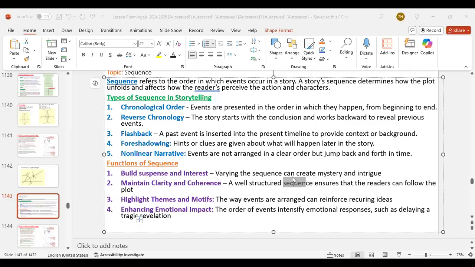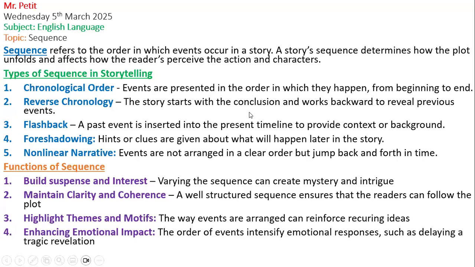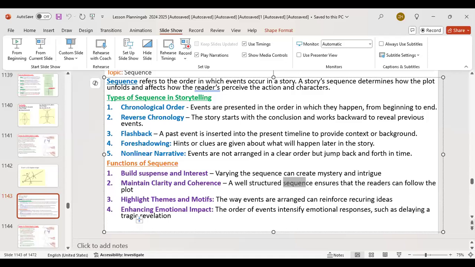Yes, sir. Good, we have it. Go ahead and if you finish, take a picture of your work and send it via WhatsApp. What I want us to do is look at this.